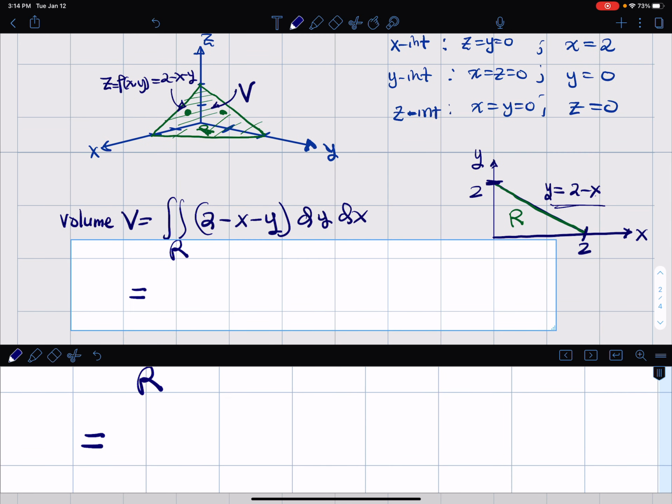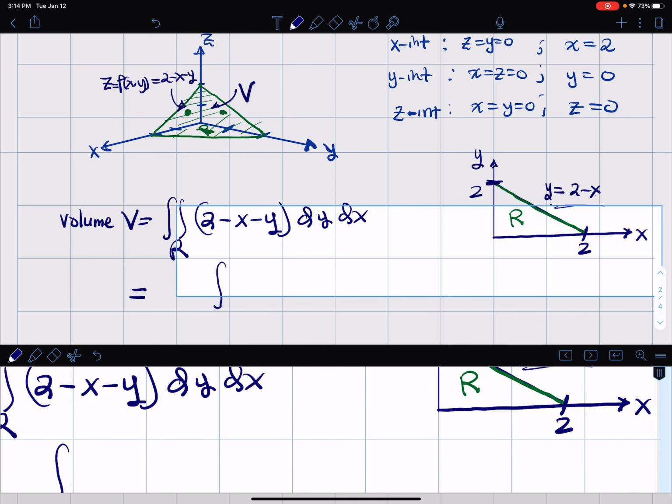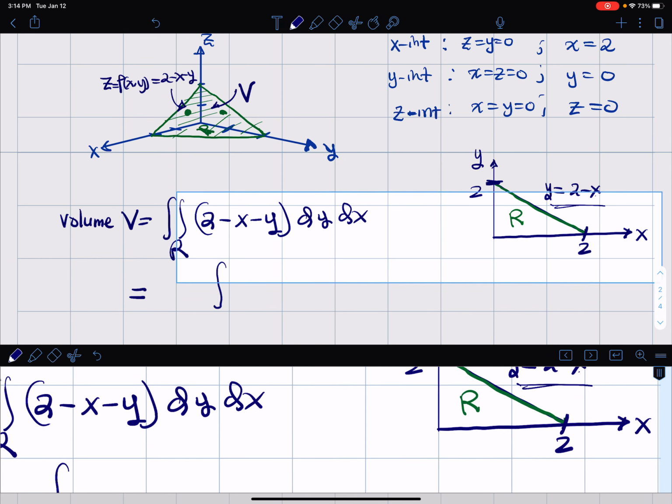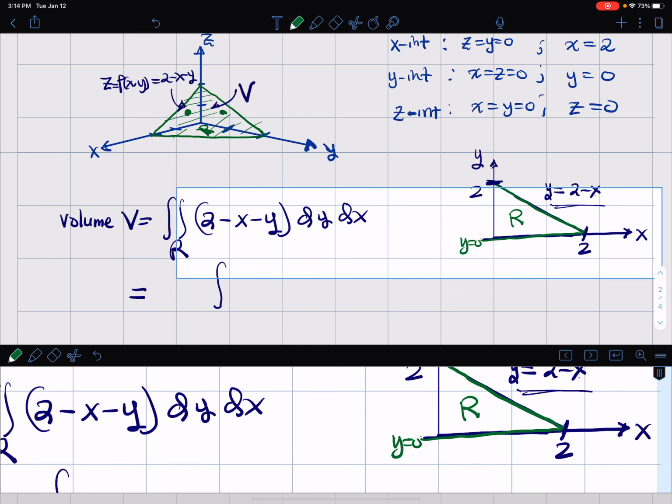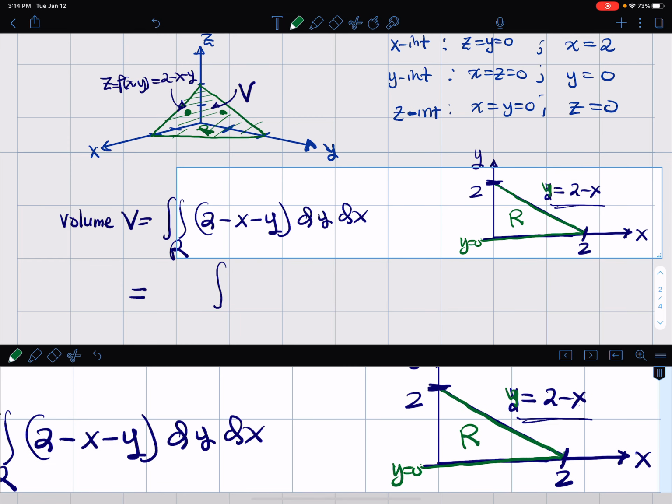So that means we're going from y, this is when y is 0. Y equal to 0 to y equals 2 minus x. Okay?